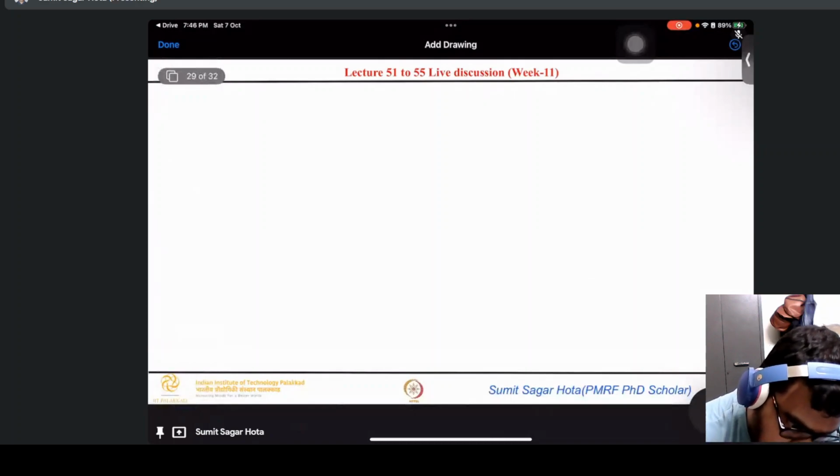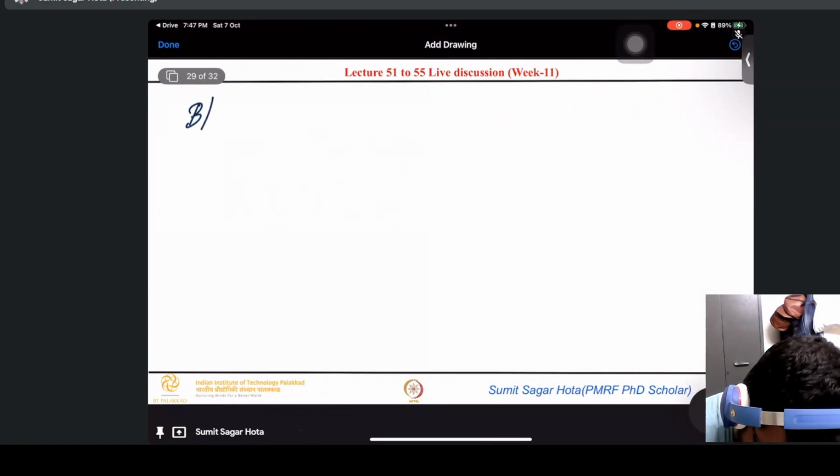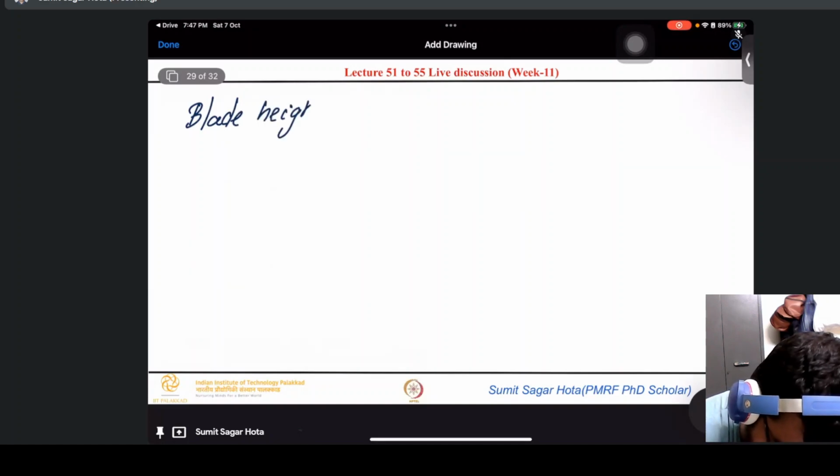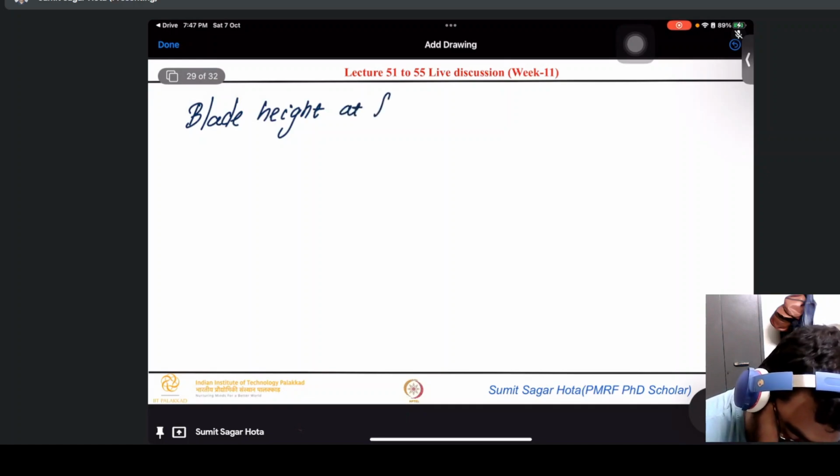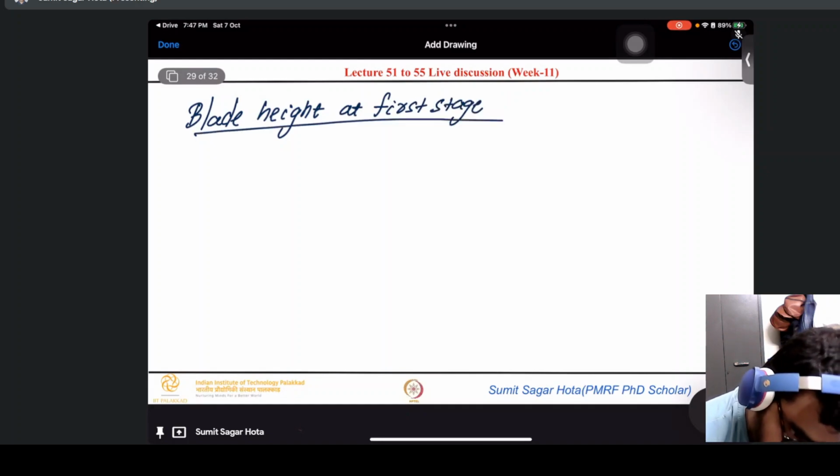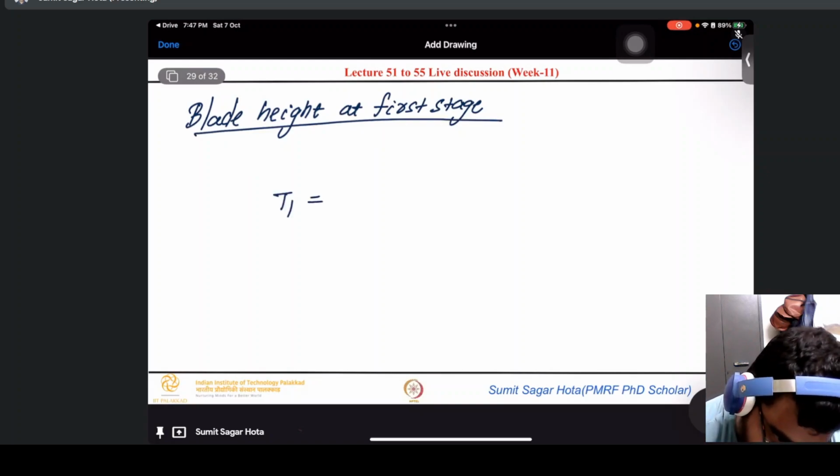What is your blade height at the first stage? Okay.